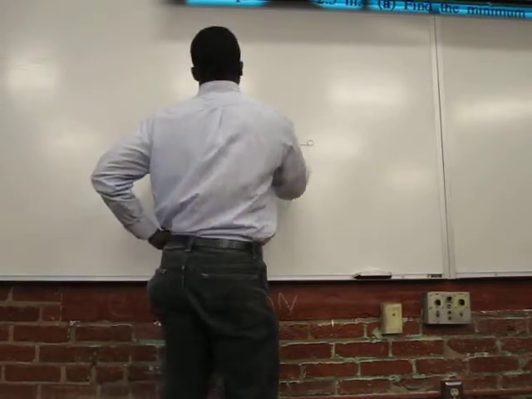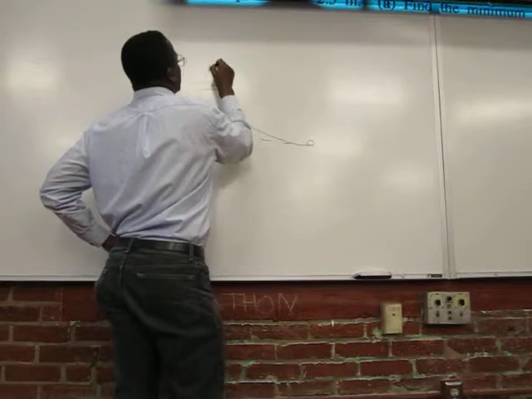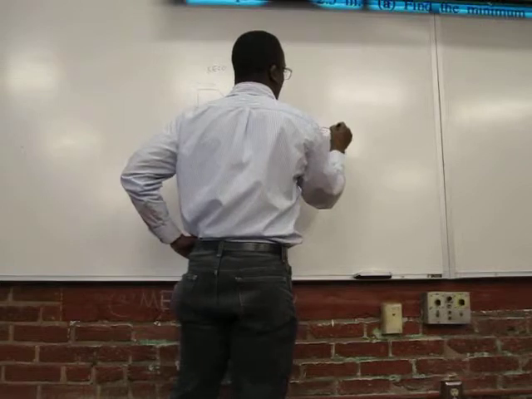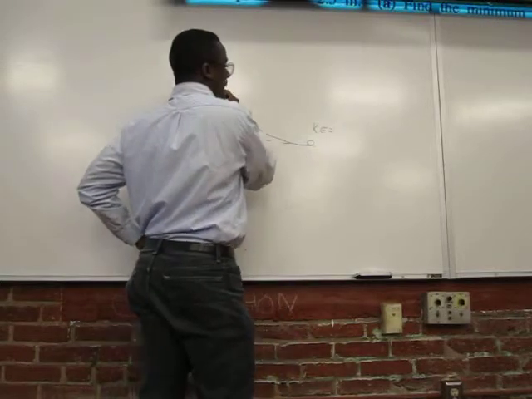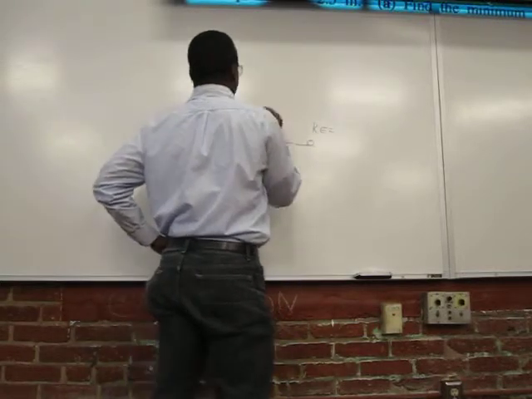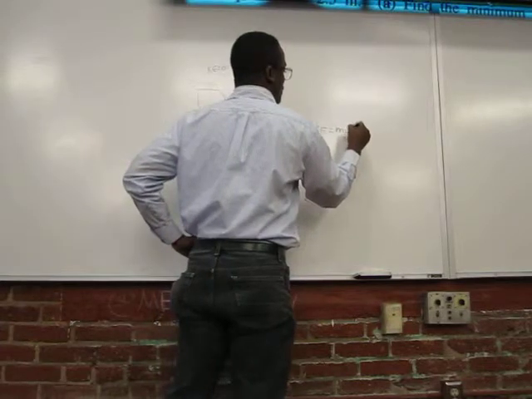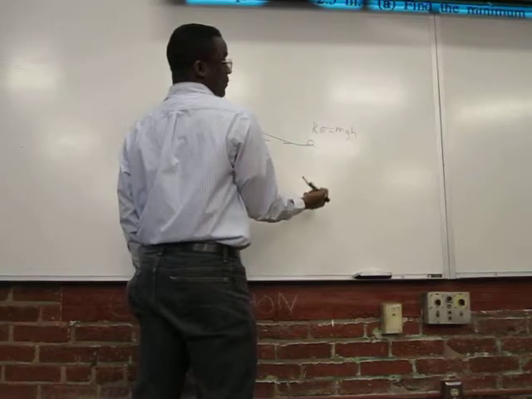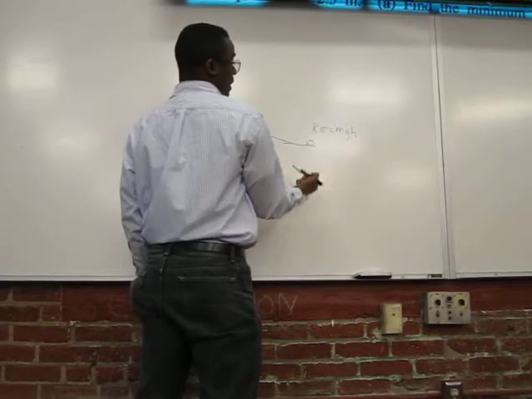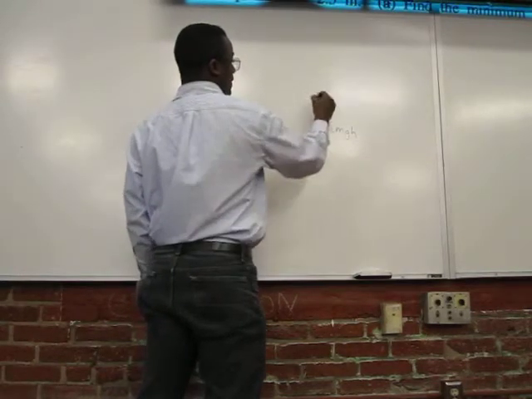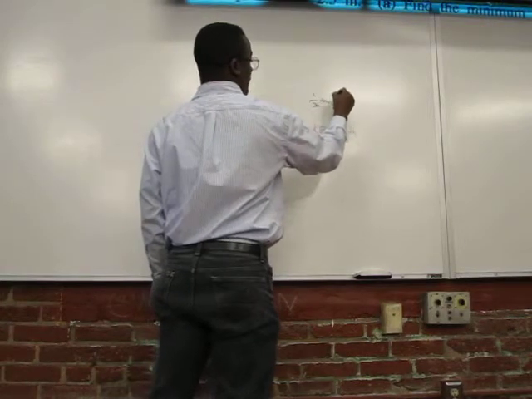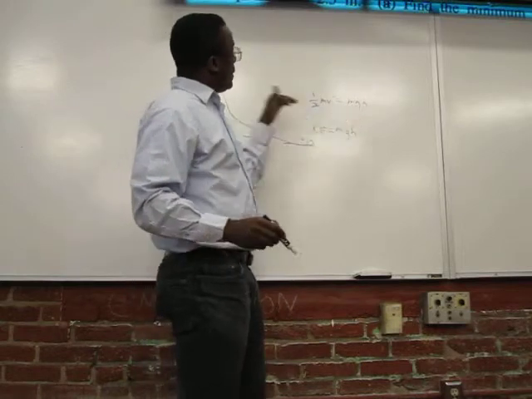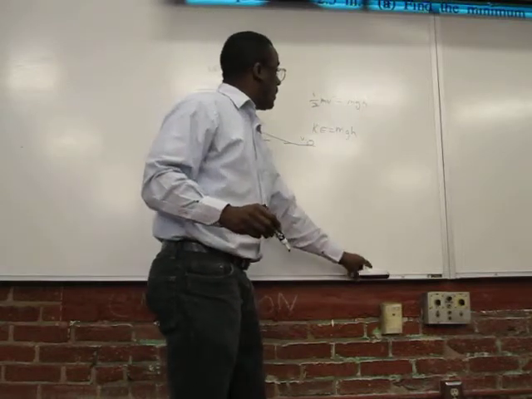Say that it has zero kinetic energy at the top of the hill. By the time it gets to the bottom of the hill, all that gravitational potential energy, mgh, will be converted to kinetic energy. So if I wanted to find the velocity of this ball, I know that kinetic energy equals 1/2 mv squared, and this is the gravitational potential energy of the ball.